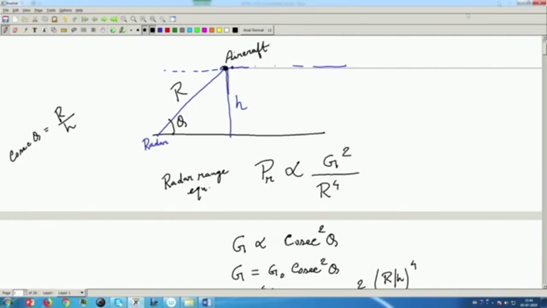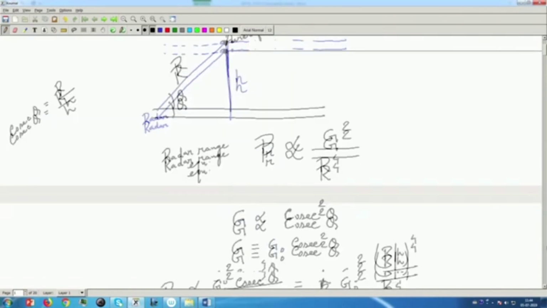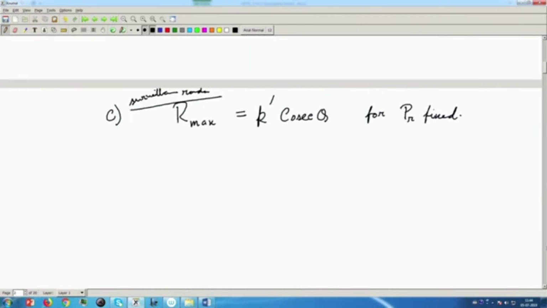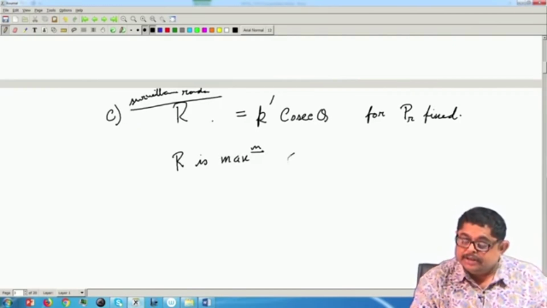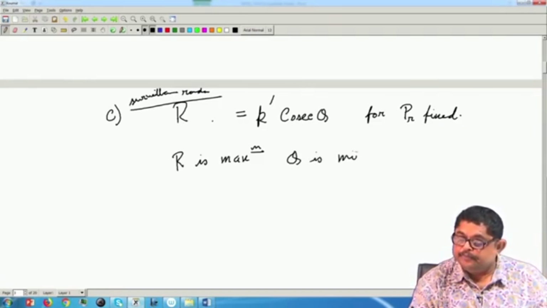This cursor is not visible to me. So, we can say that, or first I will write R, then I will say that R is maximum when cosec theta is maximum, that means theta is minimum.